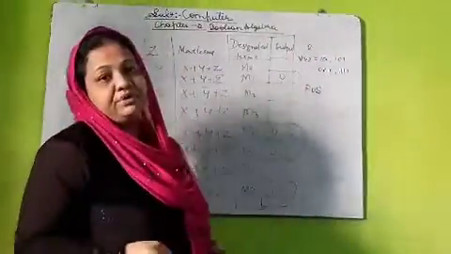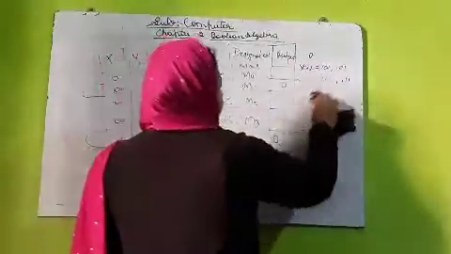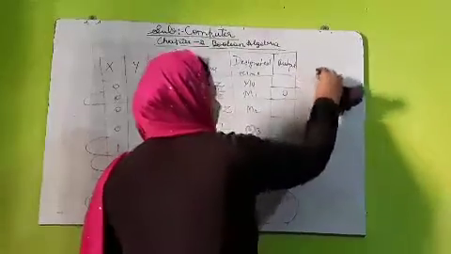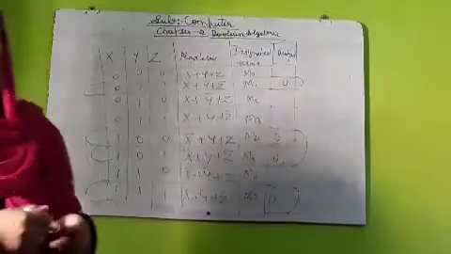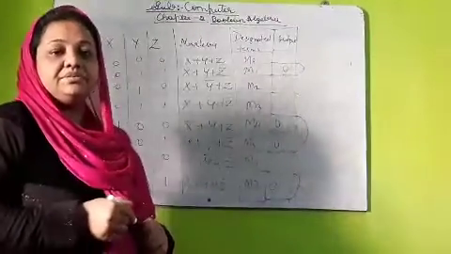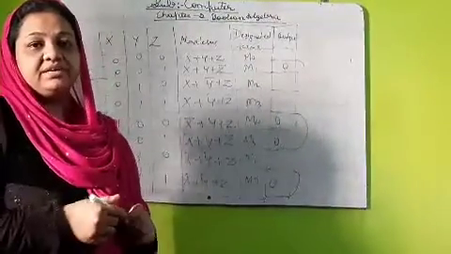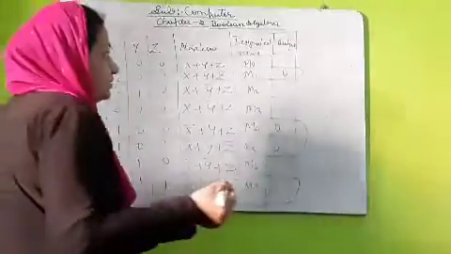Now let us write the POS expression for this. If you can recall how you wrote the SOP expression, now let us see how we can write the POS expression.